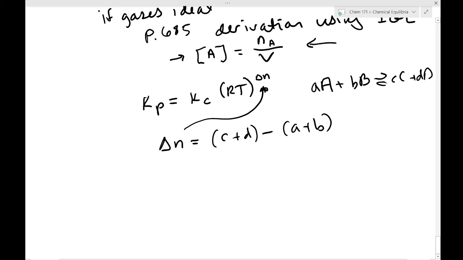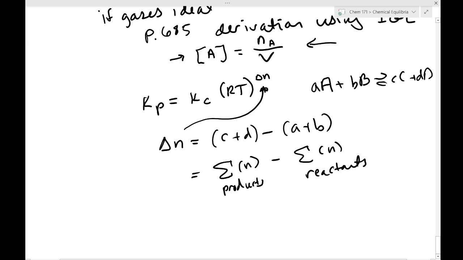This is just equal to the sum of n for the products minus the sum of n for the reactants, where n are just the stoichiometric values in front of the species in the reaction itself.